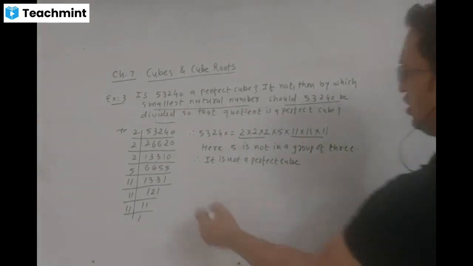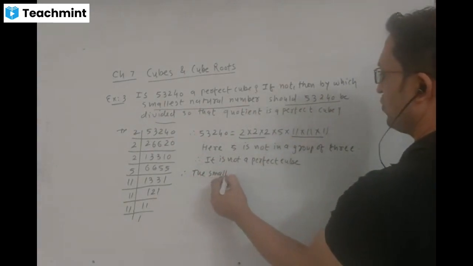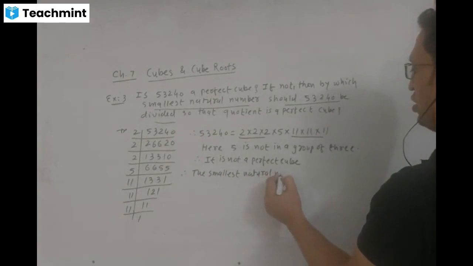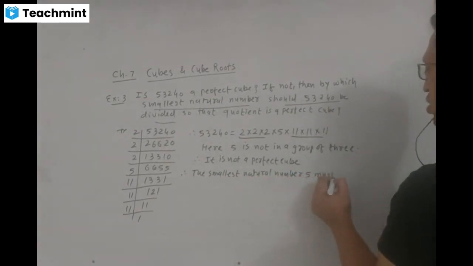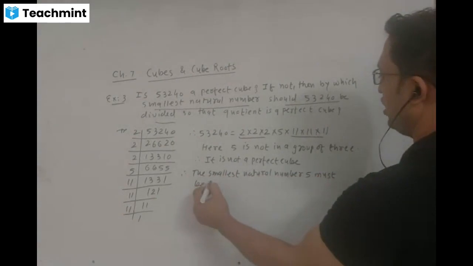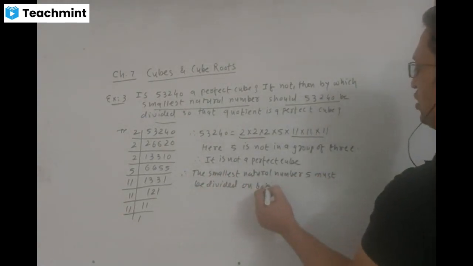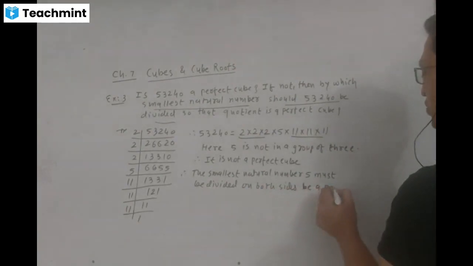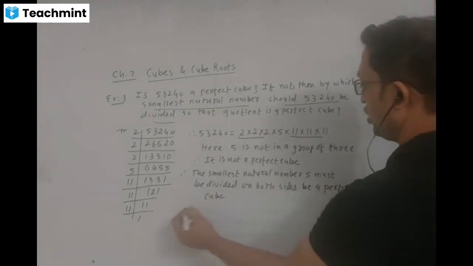Therefore the smallest natural number 5 must be divided on both sides to be a perfect cube.